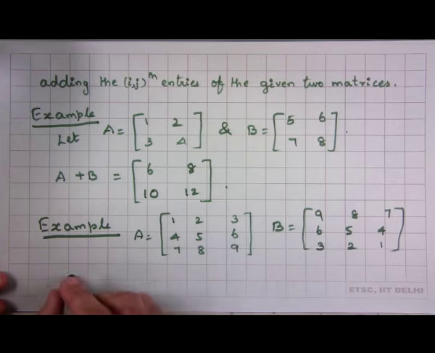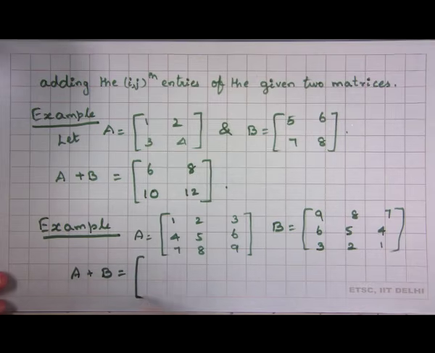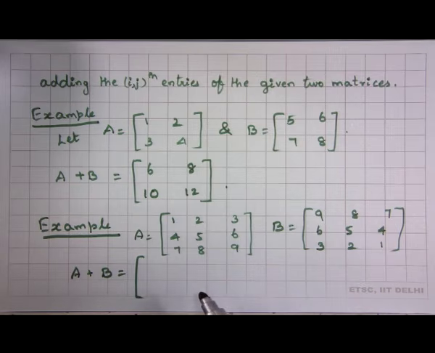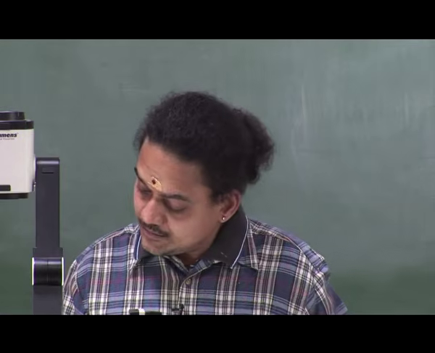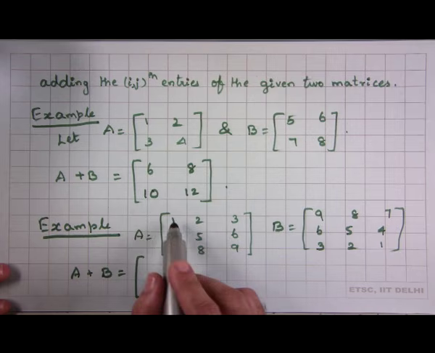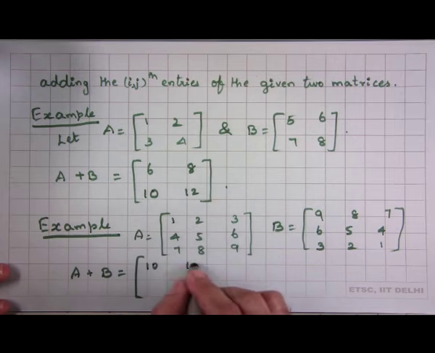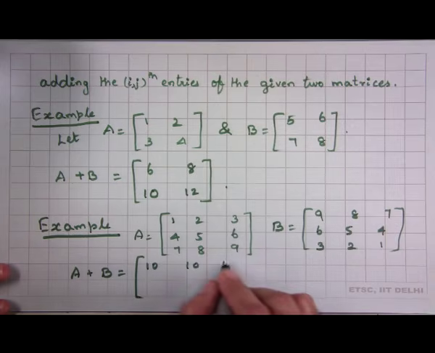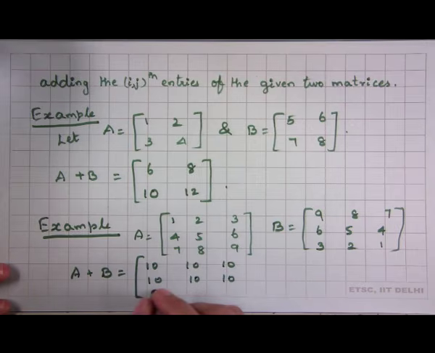Let us try to calculate A plus B. Notice that both A and B are square matrices, in fact both are of order 3 by 3, and therefore one can calculate A plus B. Let us calculate entry wise. 1 plus 9 is 10, 2 plus 8 is 10, 3 plus 7 is 10. In fact, you can notice that all the entries are going to be just 10.